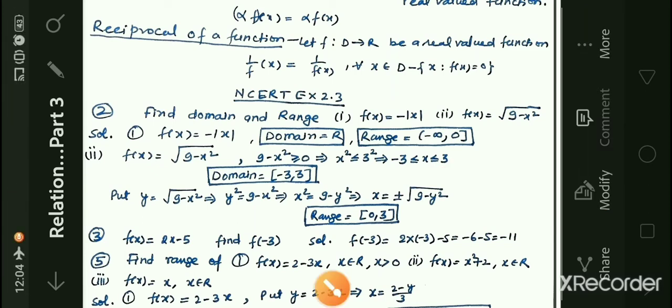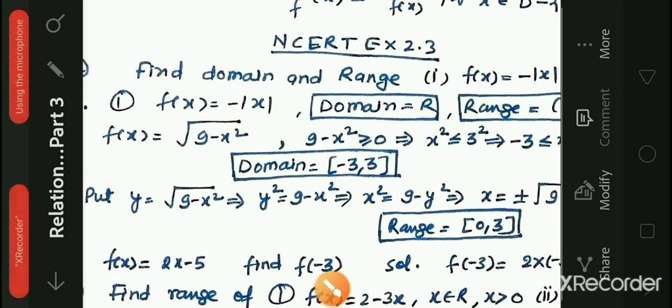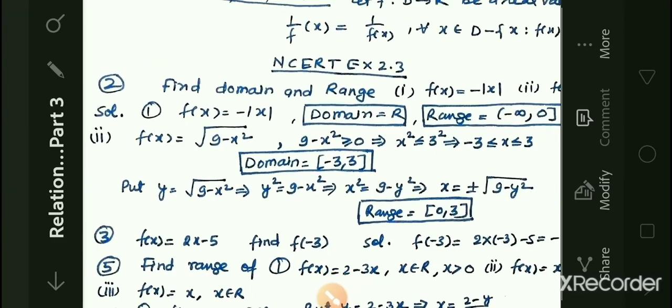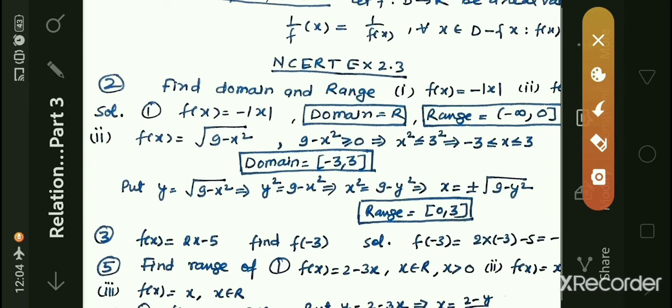Now find the range of this function. To find the range, first put y = √(9 - x²). After squaring both sides, you get y² = 9 - x². That implies x² = 9 - y², solving x in terms of y, and that implies x = ±√(9 - y²).